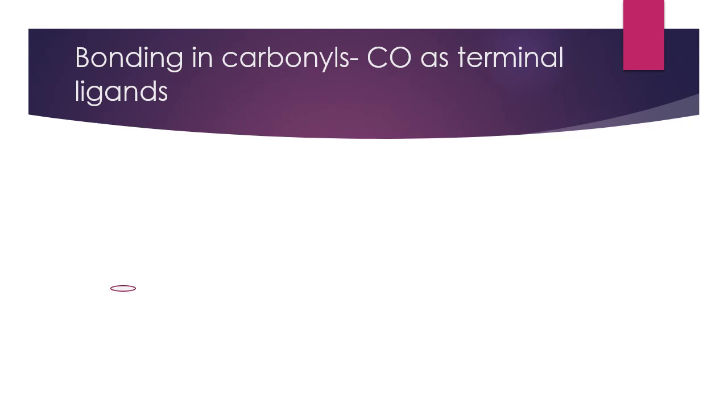Now let's see the bonding in carbonyls in which carbon monoxide acts as a terminal ligand. We know that carbon monoxide contains 14 electrons, and the electronic configuration of carbon monoxide according to the molecular orbital concept, we can write as sigma 1s2, sigma star 1s2, sigma 2s2, sigma star 2s2, pi 2px2, pi 2py2. Both of them have the same energy.